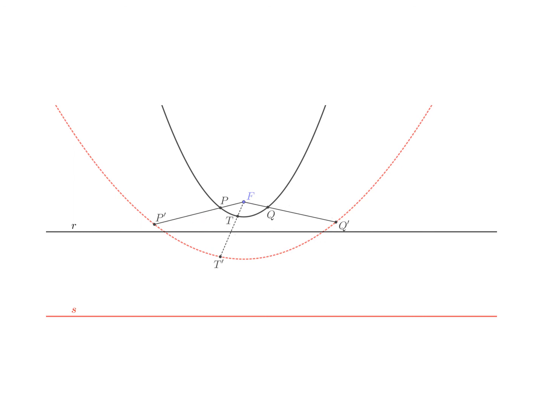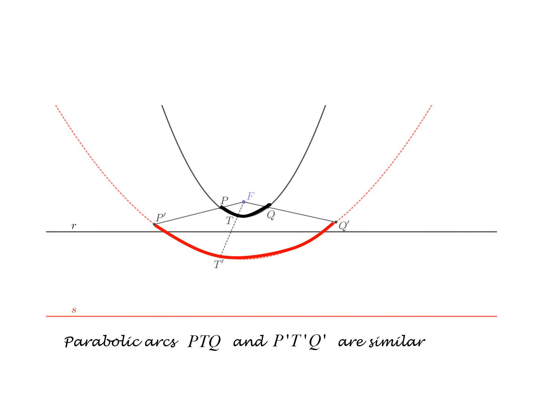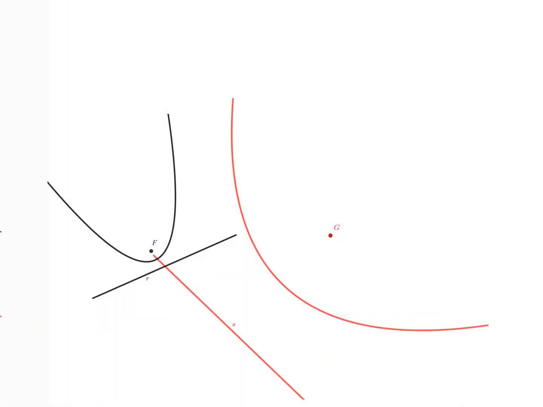Thus, the parabolic arc PTQ on the black parabola is scaled to the arc P', T', Q' on the red parabola. Hence, the parabolic arcs PTQ and P', T', Q' are similar. Thus, two parabolas with the same focus and parallel directrices are similar.